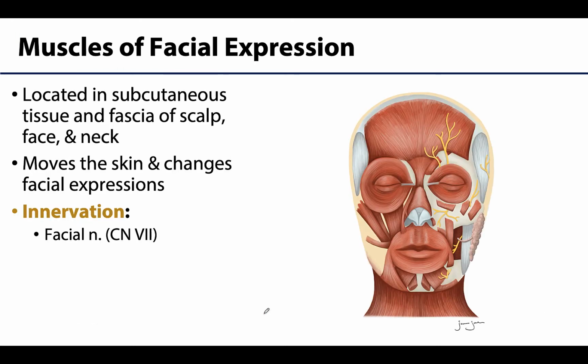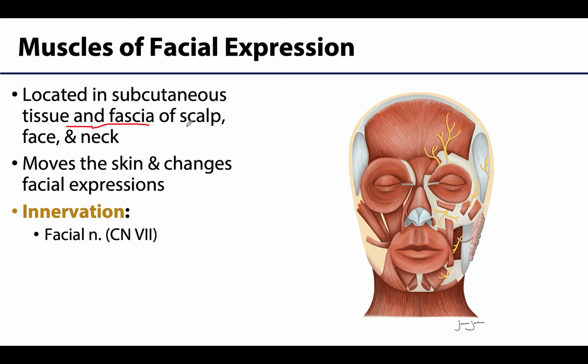So, muscles of facial expression. These are relatively thin muscles that are pretty unique in the fact that their distal attachments are not so much on bone, but instead they will have a connection to the subcutaneous tissue, which will be reinforced pretty tightly with some more dense connective tissue and some fascia.